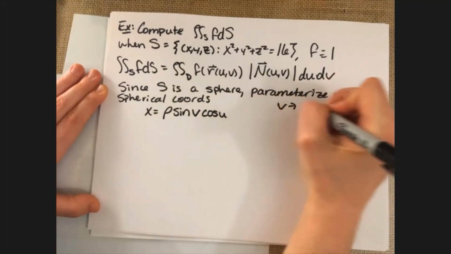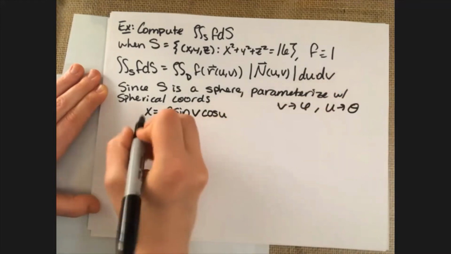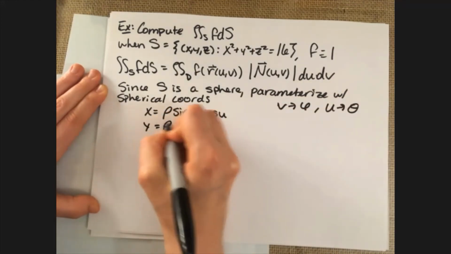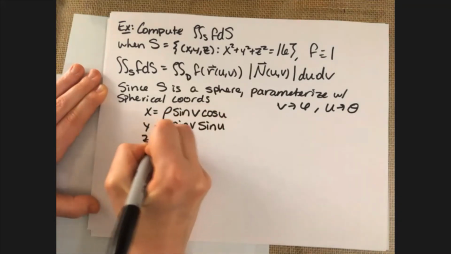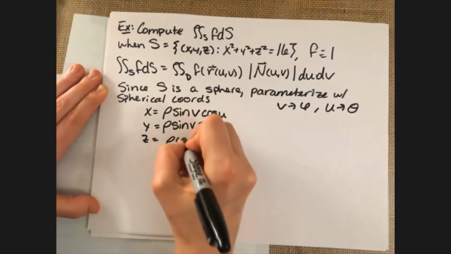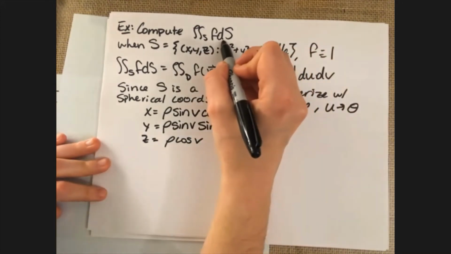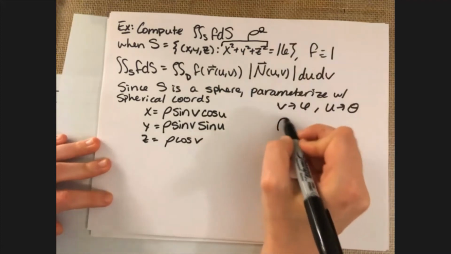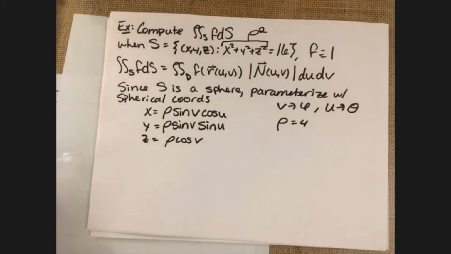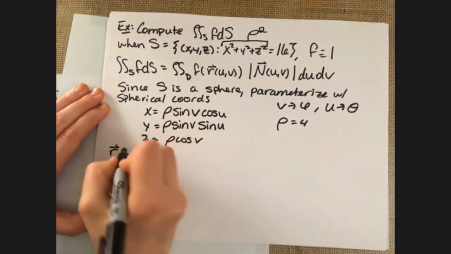So v is getting mapped to phi, and u is representing theta in this case. y is equal to rho sine v sine u, and z is just equal to rho cosine v. And if we look at this right here, this gives us the information we need about rho. So rho is going to be equal to 4 in this case. So to parameterize this, each of these is just going to become my components.